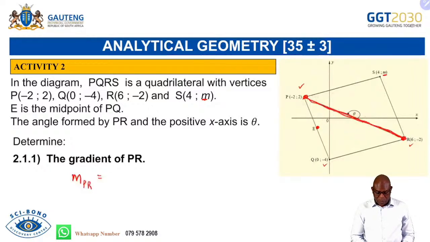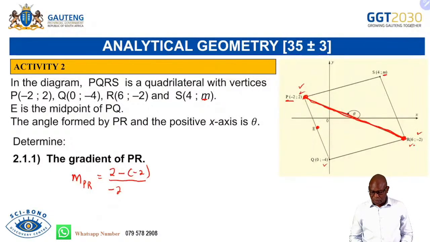So remember, we start with the y value. It's 2 minus negative 2, divided by the x values, which is negative 2. You see, I've started with P, then with R. So it's 2 minus 6.